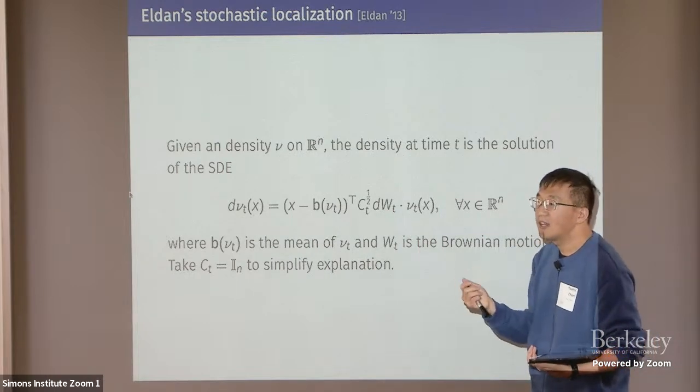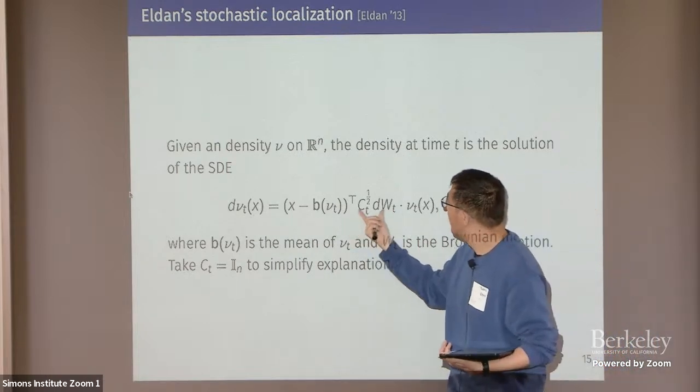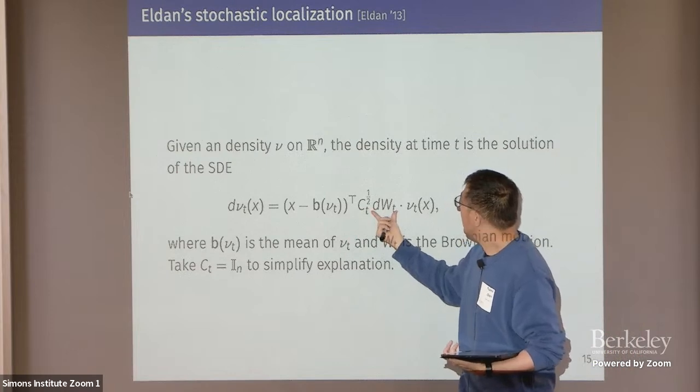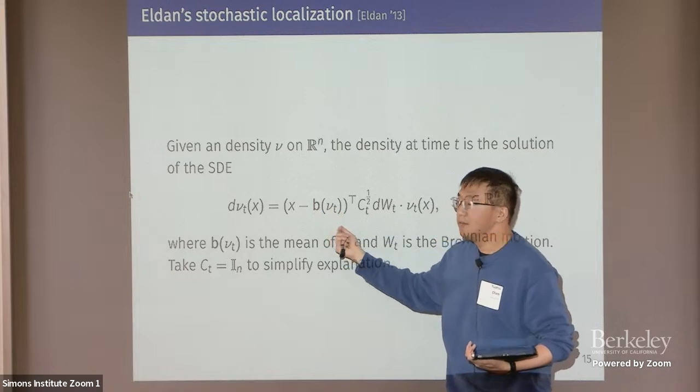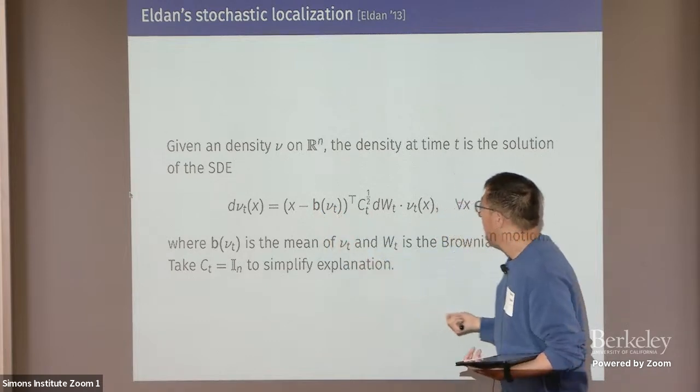They are slightly coupled in the way that the noise is the same, and then they're coupled through this mean vector, the mean of the mu t.